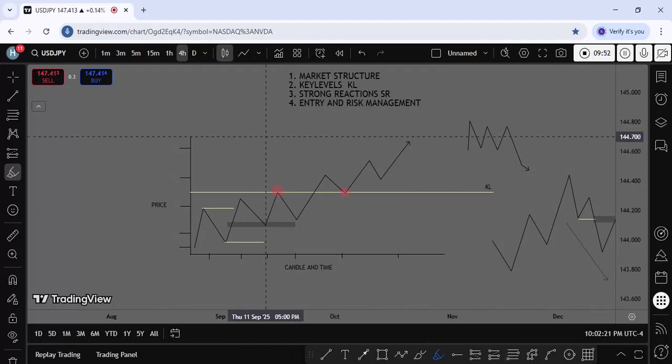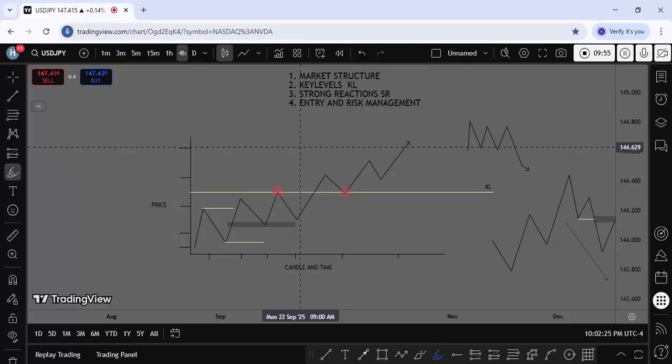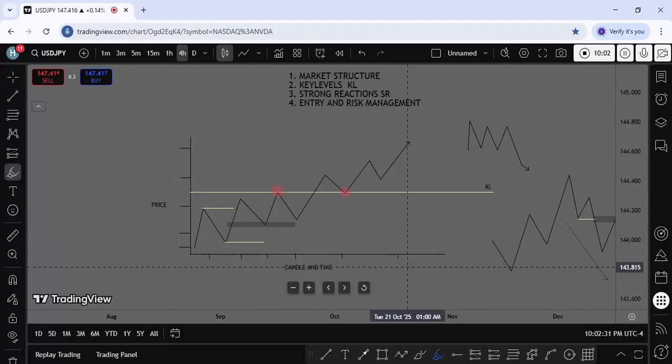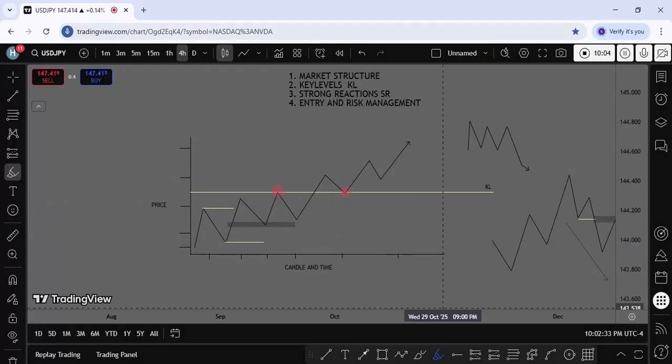Then let's go to number 3, introduction. Strong rejection area, that is SR, strong rejection places. Strong rejection places are not something new to you, because the normal chart price action you have taken is still what is repeatedly happening in this place.